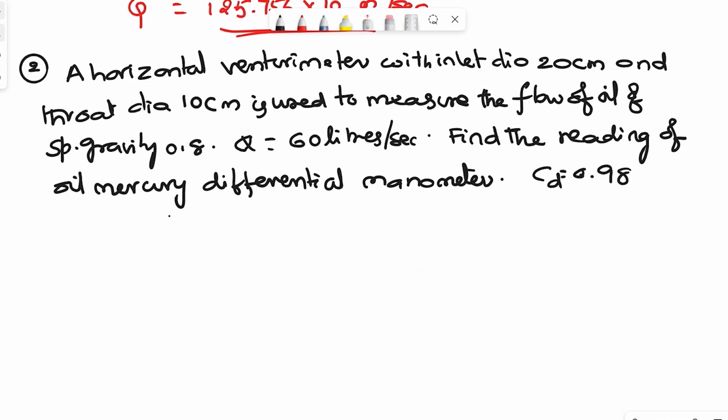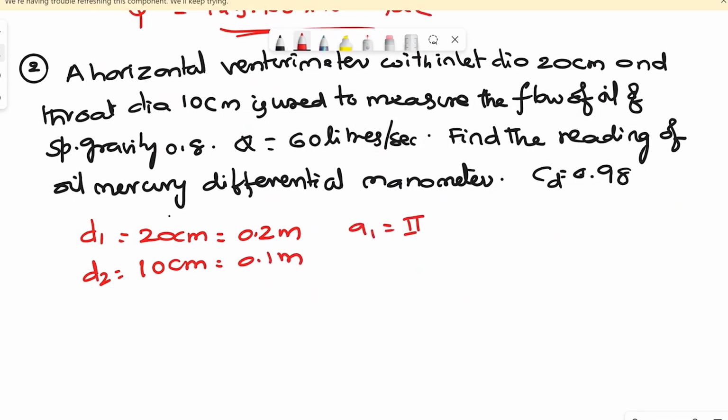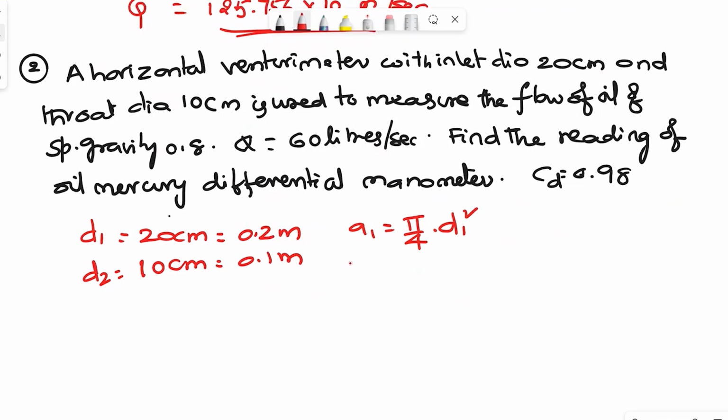So now here also, the way we start is D1 is known. D1 is 20 centimeters, 0.2 meters. D2 is equal to 10 centimeters, 0.1 meter. So A1 is equal to pi by 4 into D1 square, and A2 is equal to pi by 4 into D2 square.